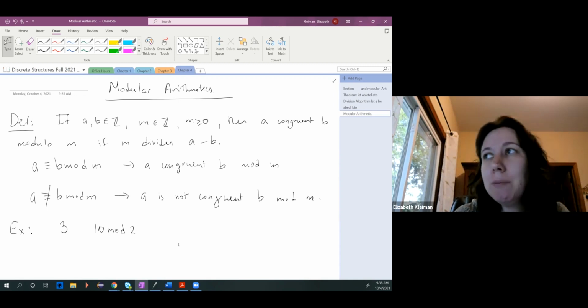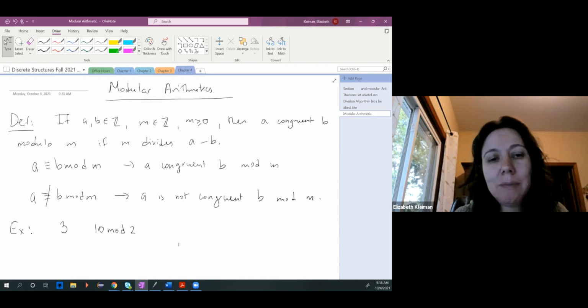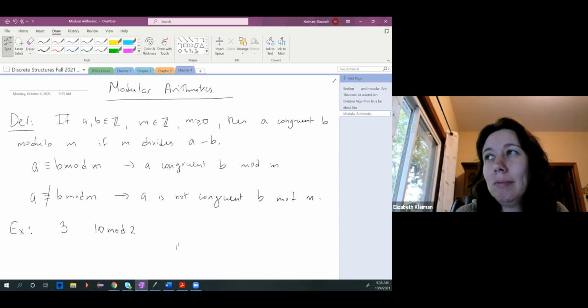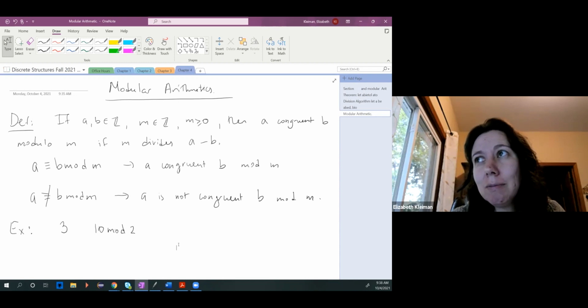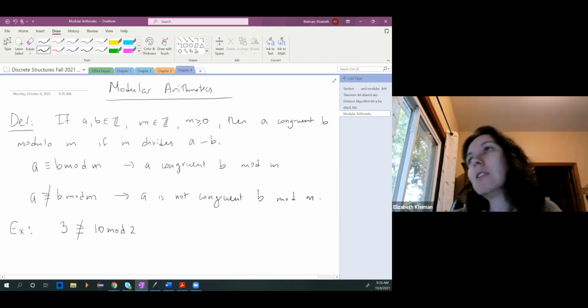So how much is 3 mod 2? Three mod 2 is 1, correct? How about 10 mod 2? Are they equivalent to each other? No. So they're not congruent to each other.